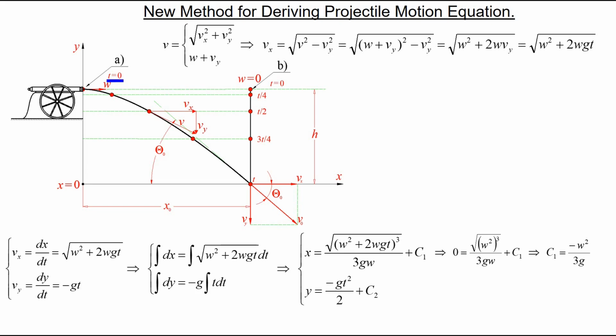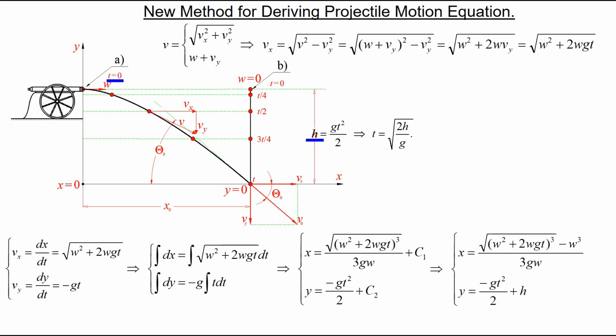The projectile location is at maximum height h here. After time t, the projectile hits the ground at location y equals 0 here. Thus, the result of integration constant c2 is equal to h. Therefore, the distance equation system from the variable time has such a final expression.